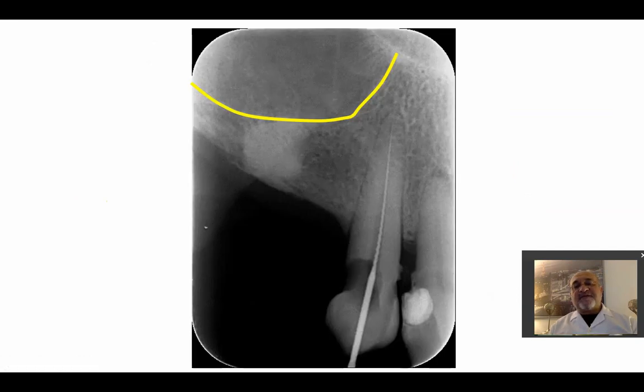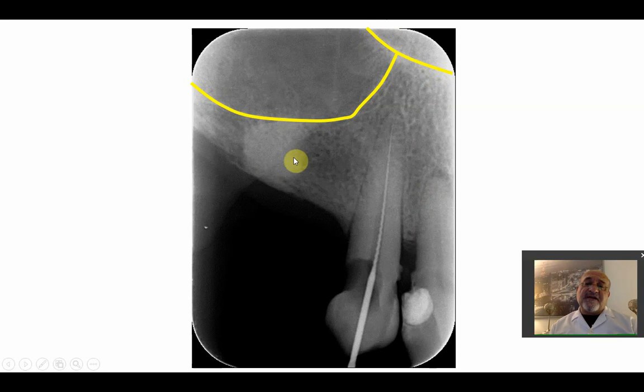Another view of the maxillary sinus. Remember, this is the inverted Y, which you can see in the premolar, in the canine area, medial surface of the maxillary sinus, or lateral surface of the nasal cavity, floor of nasal cavity and floor of the maxillary sinus.